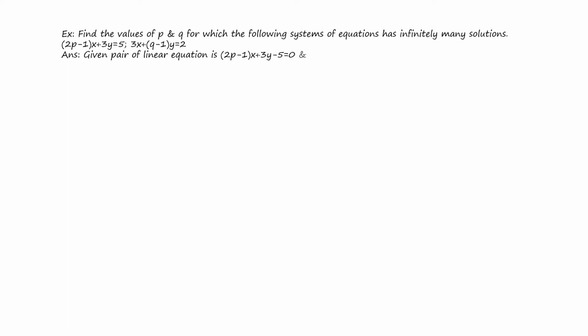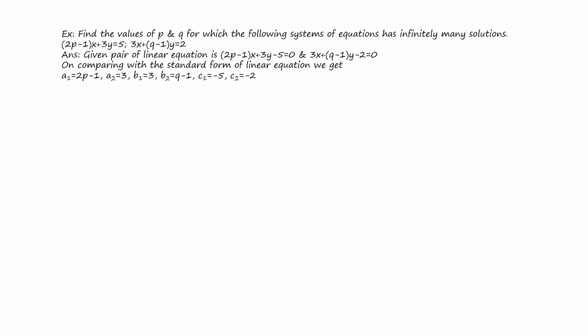So the given pair of linear equations is (2p minus 1) x plus 3y minus 5 equals 0, and 3x plus (q minus 1) y minus 2 equals 0. On comparing with the standard form, we get a1 equals 2p minus 1, a2 equals 3, b1 equals 3, b2 equals q minus 1, c1 equals minus 5, and c2 equals minus 2.